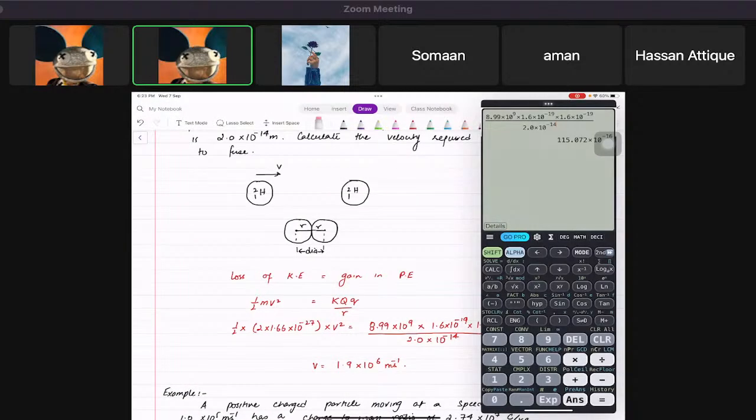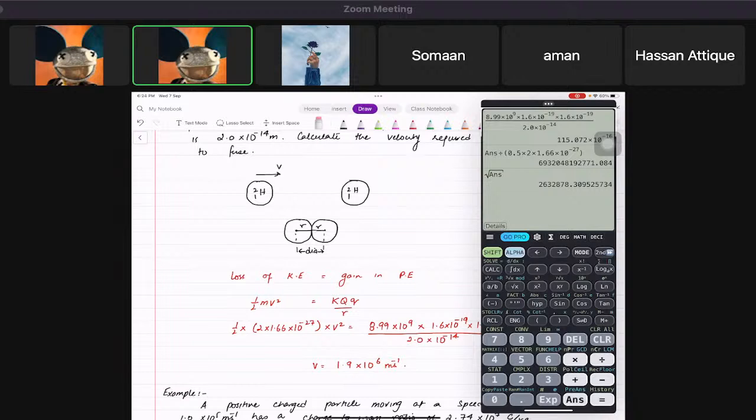And then this divided by 0.5 times 2 times 1.66 times 10 raised to power minus 27, and then you got to take the root. You getting this answer?